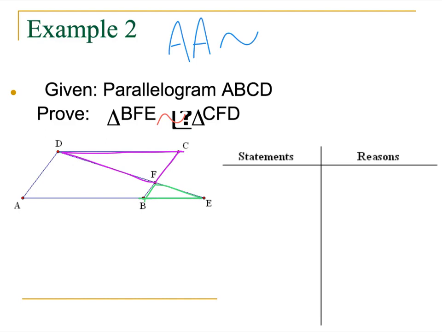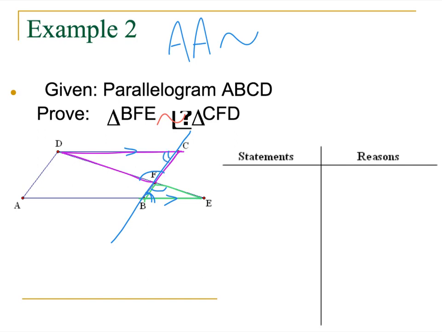There's a couple ways of doing this proof. A lot of us might jump right to these two being congruent because they're vertical angles, and you are not wrong. However, if I were to prove this line parallel to this line, then use this as a transversal, these two angles would be congruent.